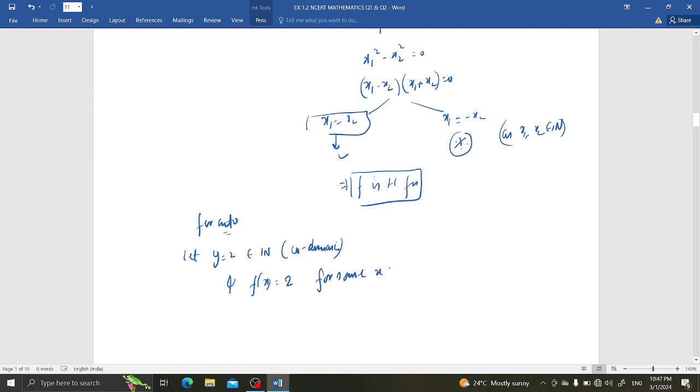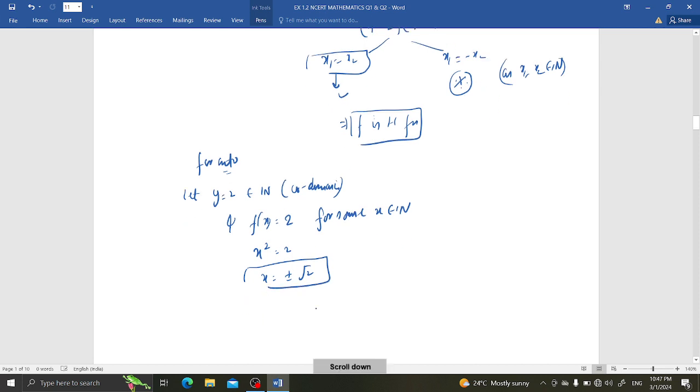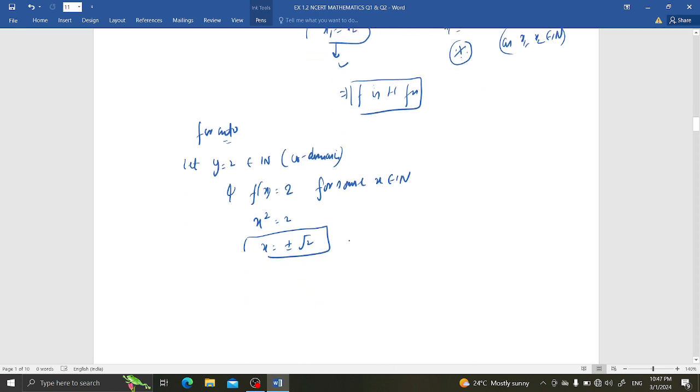Actually, here I am giving a counterexample. For some x belonging to the natural numbers, x square equals 2, so the x value is plus or minus root 2, because it is a quadratic equation, so we get two values. But none of the values belong to the natural numbers.